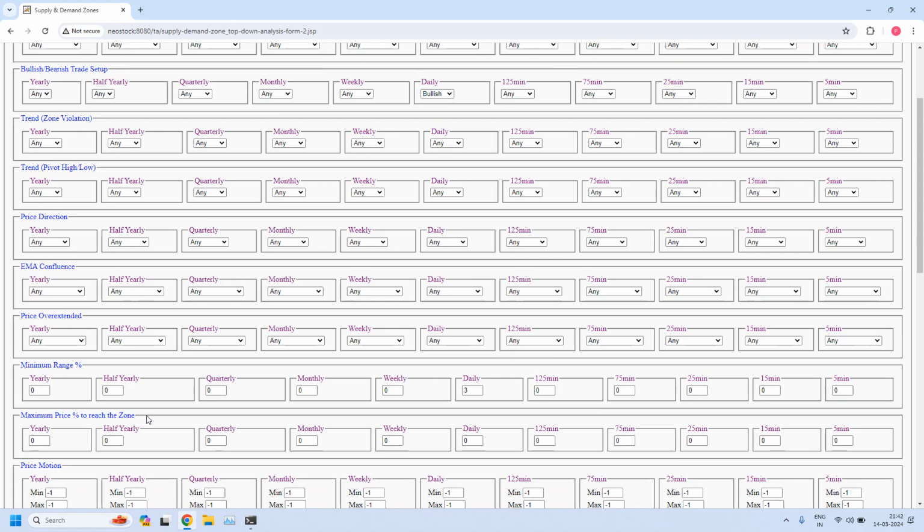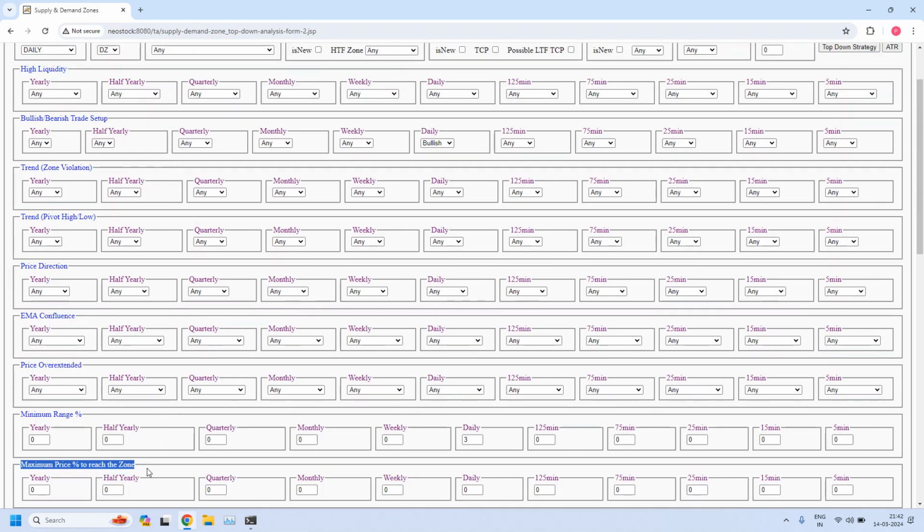the price near 1% to the demand zone. That means very close to the demand zone, so that we get an entry tomorrow itself. So there is a parameter called maximum price percent to reach, the last parameter here. In daily time frame I am setting a value 1%.